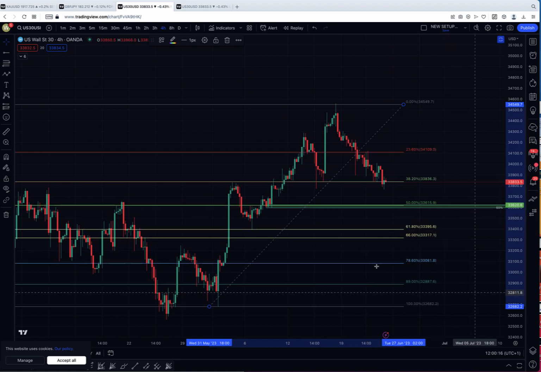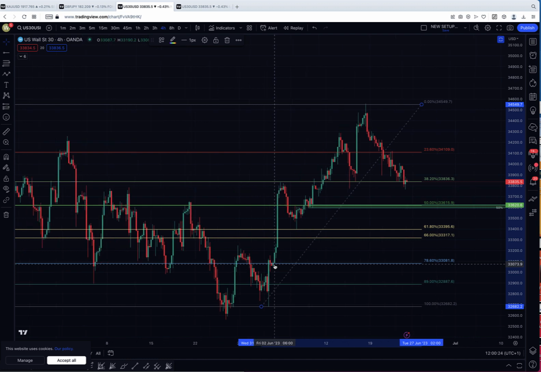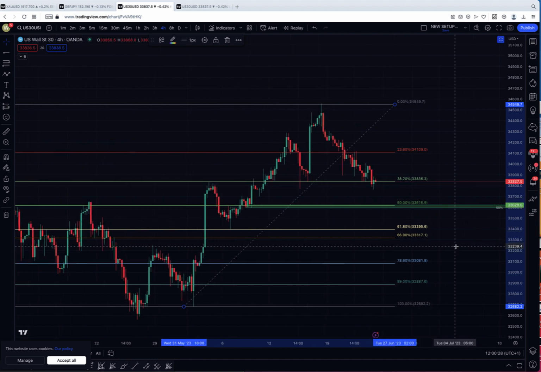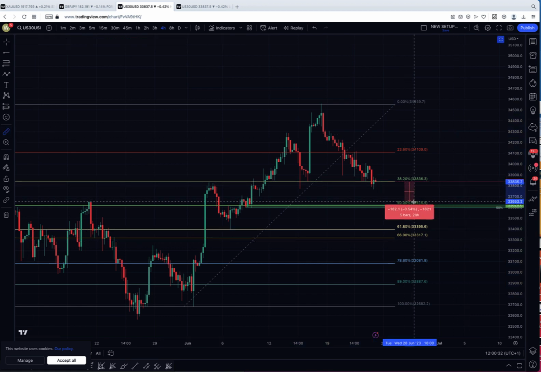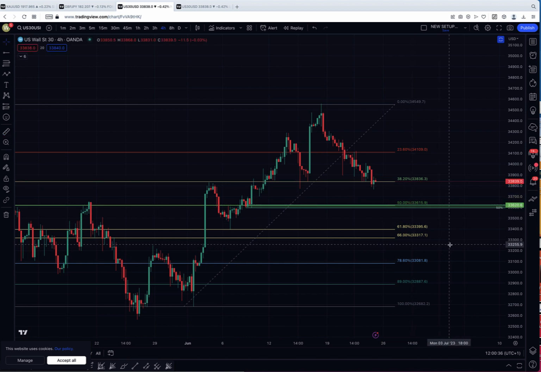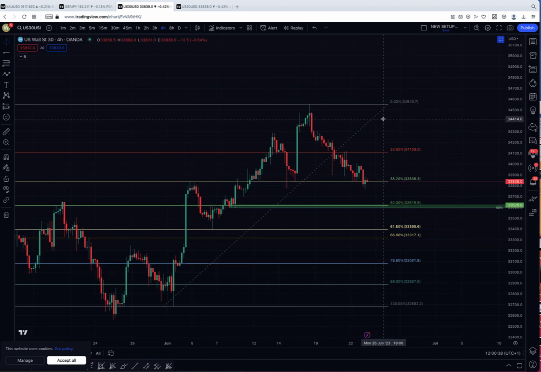So 50% is here, and we have some other confluence as well, like the 1 hour demand zone, and we will be just waiting for this level to be reached today, which could happen actually. We only have 200 points, 209. It could happen. Not sure if it will happen, but at least we will be ready for it.